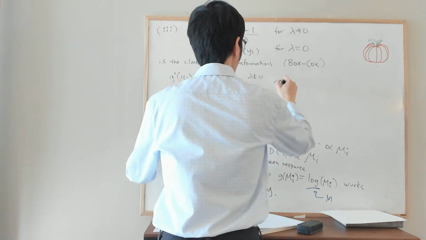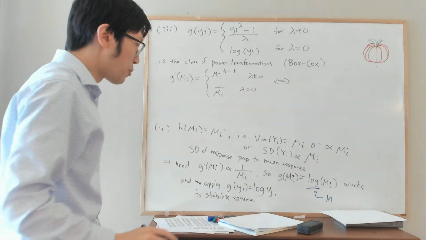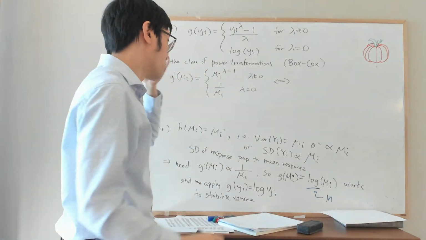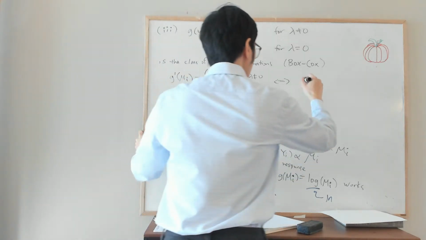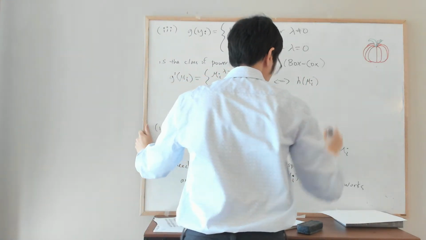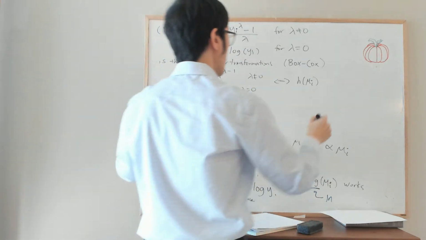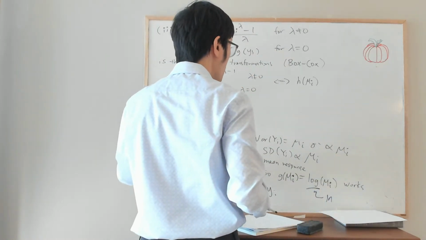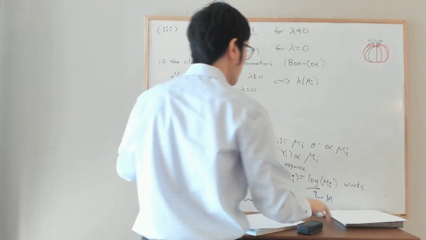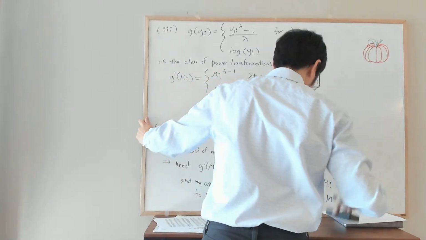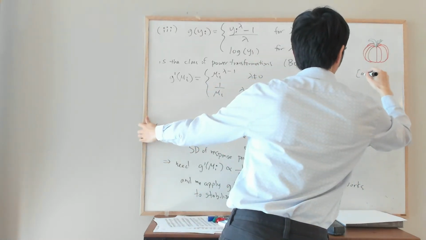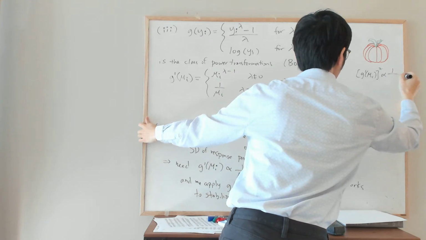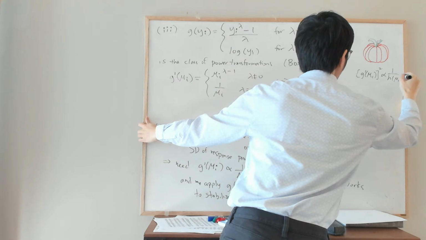If that's the form of g prime, what kind of non-constant variance can this address? What's the corresponding function h on the mean? Remember we had g prime of mu i squared proportional to 1 over h of mu i.